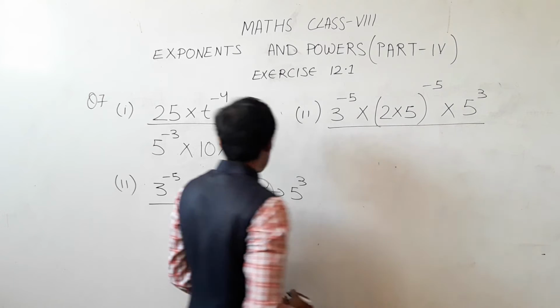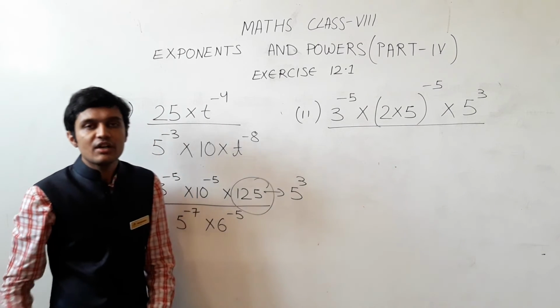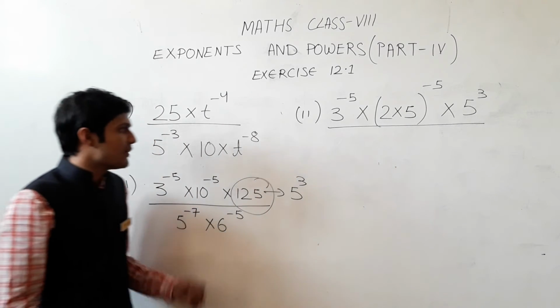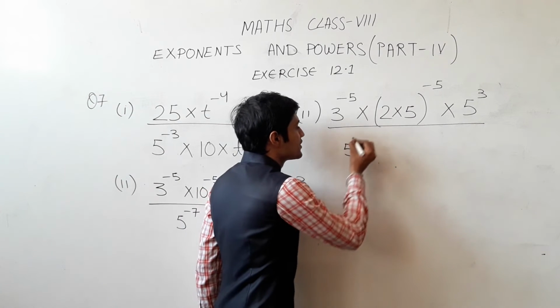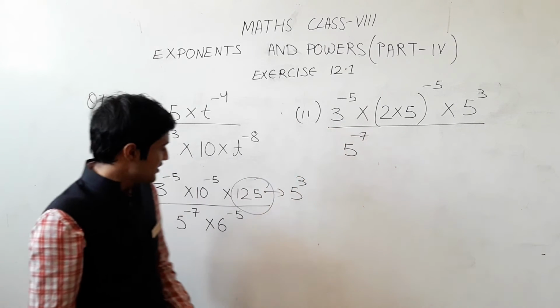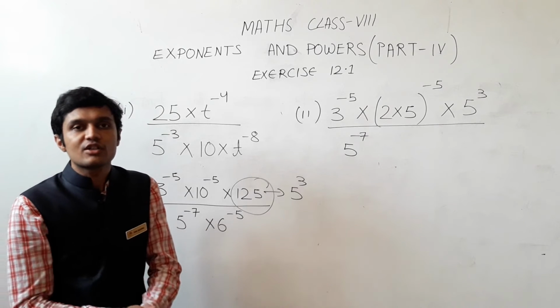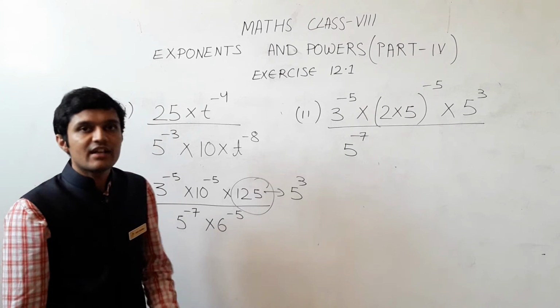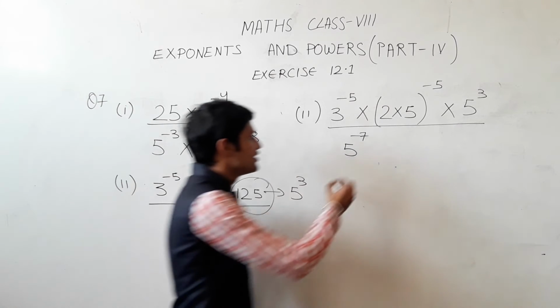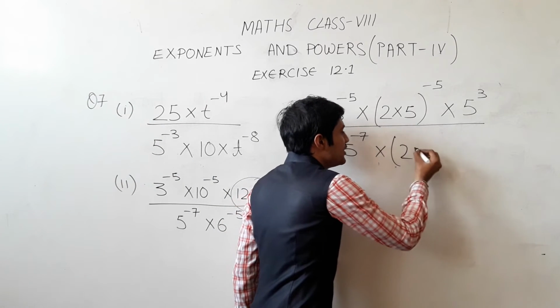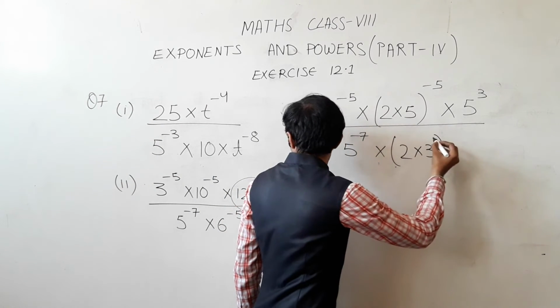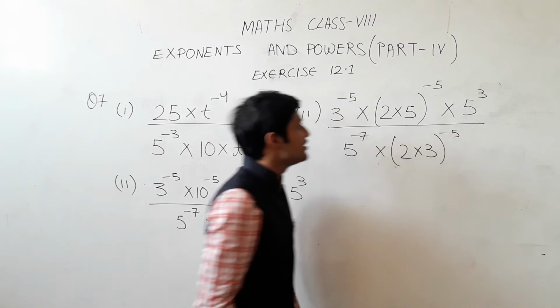In the denominator part, the first number is 5 raised to the power minus 7. So we are writing this here. Next 6. Again break 6 as a product of prime factors. So you can write 6 as 2 into 3. So I am writing 2 into 3 raised to the power minus 5.